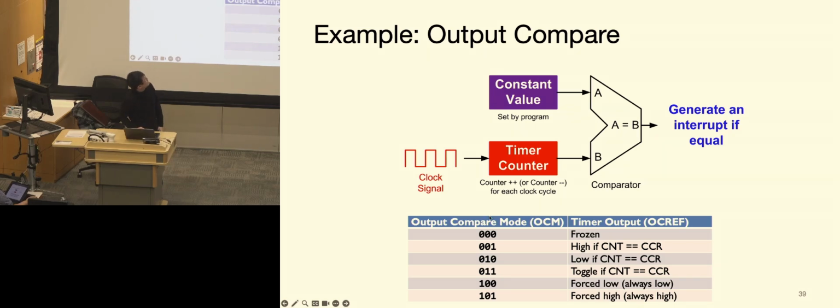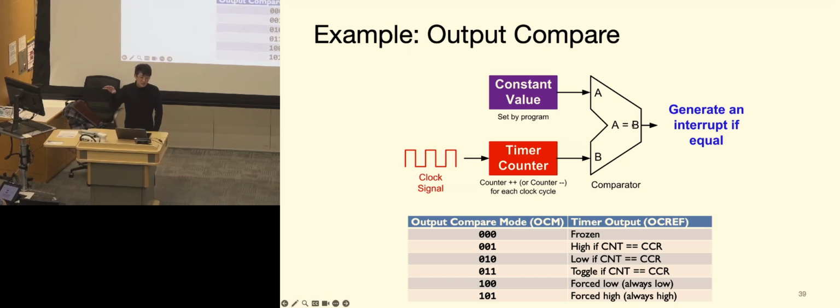This is generally for output compare, which we use in most cases to control a GPIO signal to a device or to the outside world. Any questions so far? Make sense?